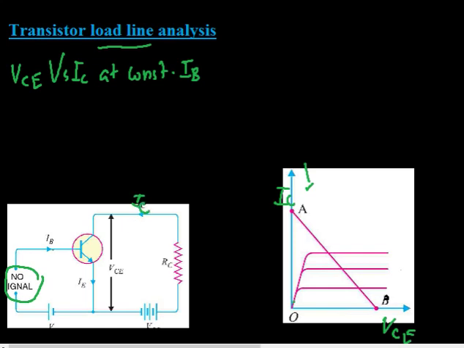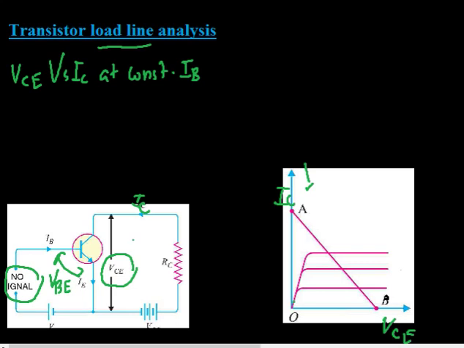The different currents and voltages in the circuit are: capital IB is the input current, capital IC is the output current, VCE is the voltage across the collector emitter, and VBE is the voltage across the base emitter junction.